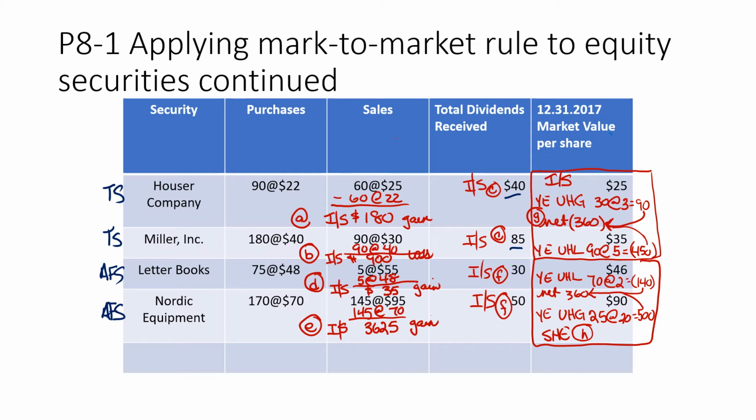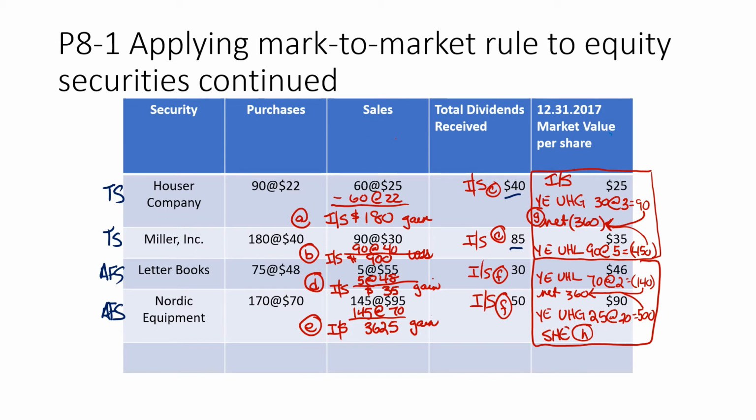But not in the purchases. So in Letter's books, when we bought 75 shares of Letter for $48, we debited available for sale securities and credited cash for 75 shares at $48. Well, we sold 5 shares at 55.